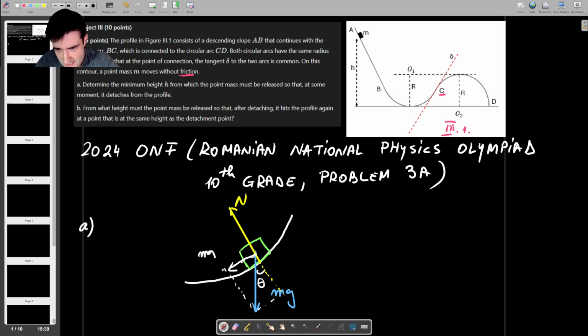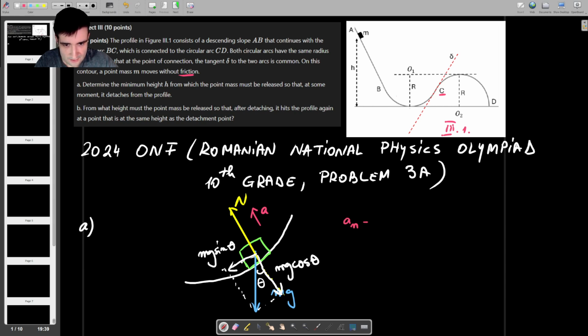So this is mg sine theta, and then there's the normal or the perpendicular component, which is mg cos theta. Now what's happening in this case is that this object has a normal acceleration, and the normal acceleration is like this.